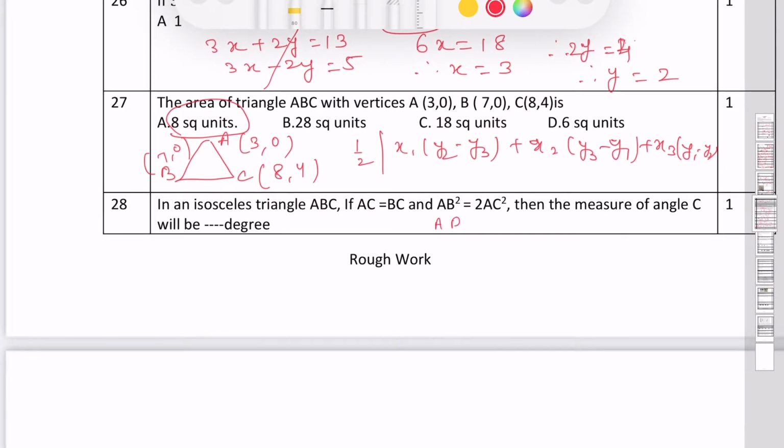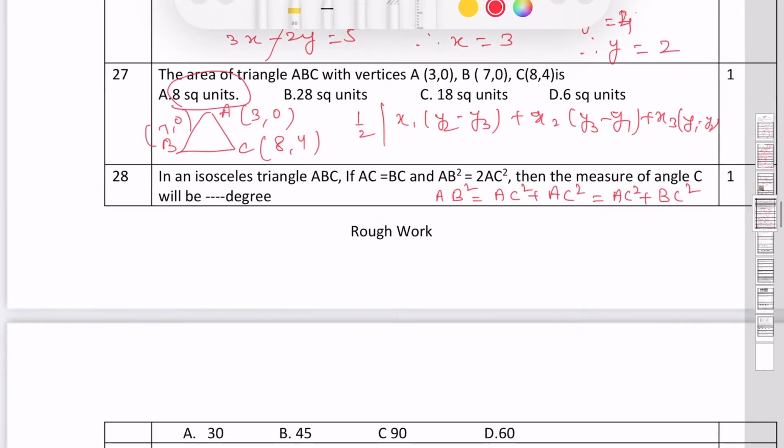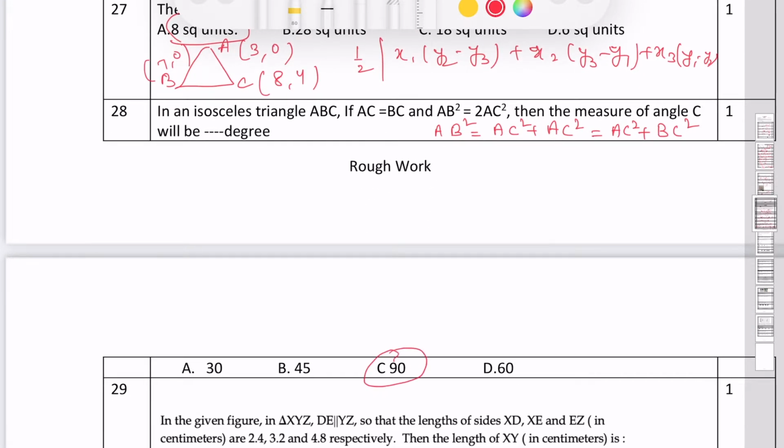If AB square is AC square plus BC square as given, it will be a right angle triangle at 90 degrees.